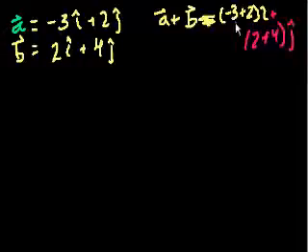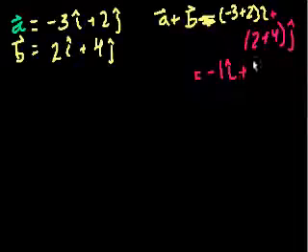We just added the x components, or the multiples of i, and we added the y components, or the multiples of j, right? Because i was the unit vector in the x direction, and j was the unit vector in the y direction. And we get, what's minus 3 plus 2? That's minus 1. So we get minus 1i, or that could just be minus i, but I'll write the 1 just because we're getting warmed up with unit vectors. So minus 1i plus 6j.